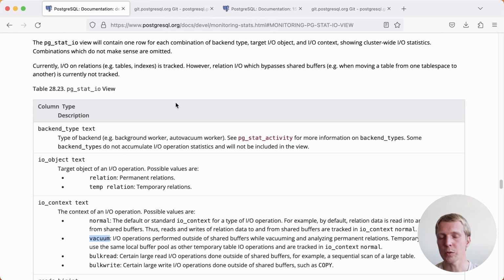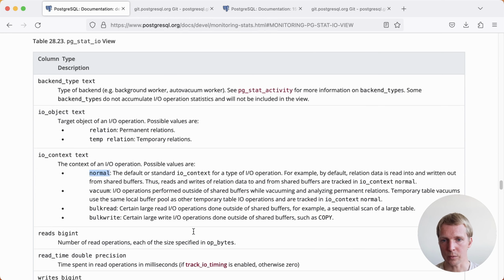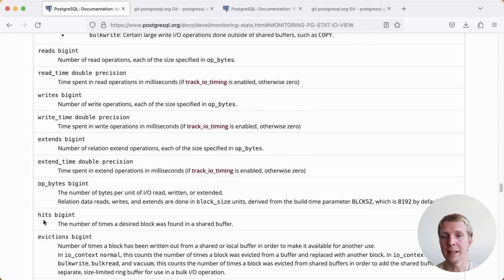With this new addition, you can say I/O context normal, and then you can look at this new hits counter in pg_stat_io, and that way we can add up the reads, add up the hits, and then say how many hits divided by that sum for the normal I/O context, and that way we actually have a correct cache hit ratio for our database server.